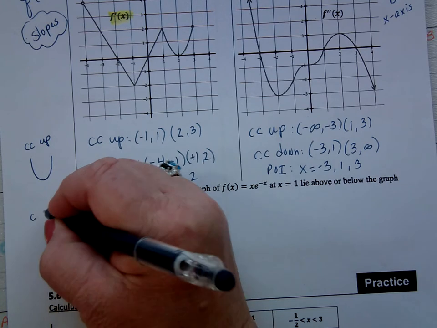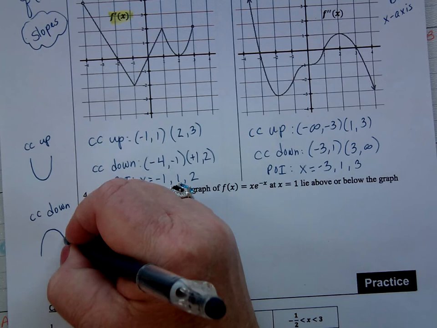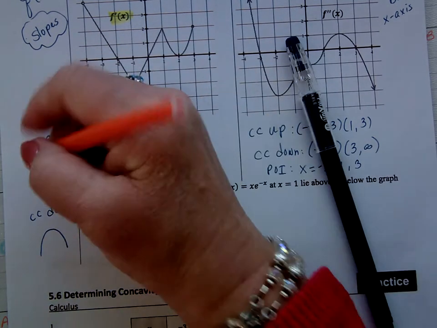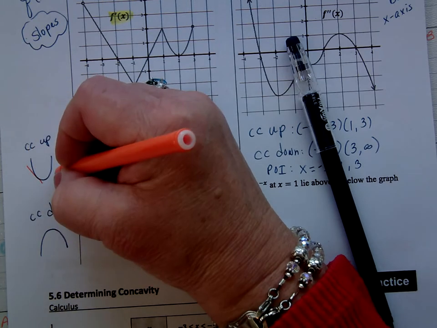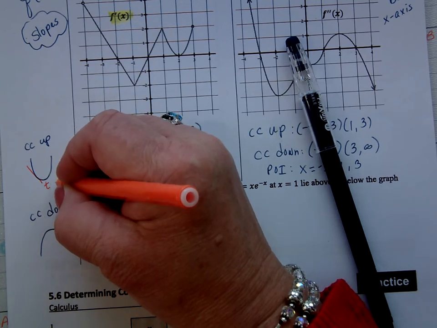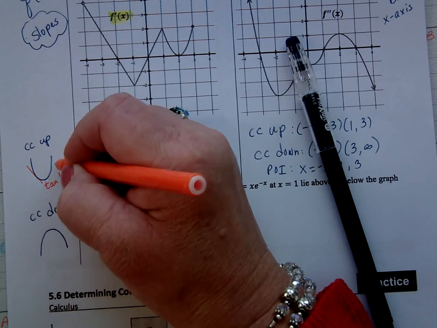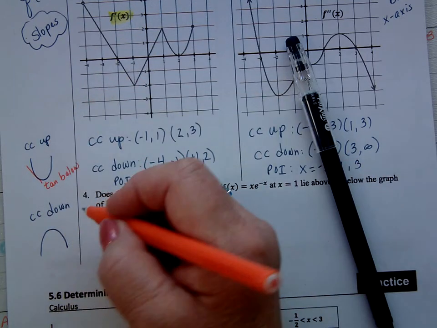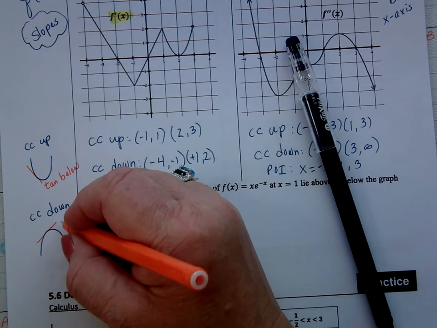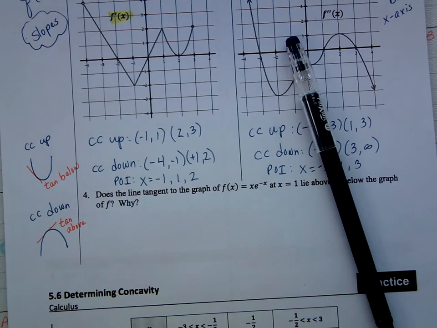If I'm concave up, all of my tangent lines are going to be below the curve, no matter where I put them. If I'm concave down, my tangent lines are going to be above that curve.